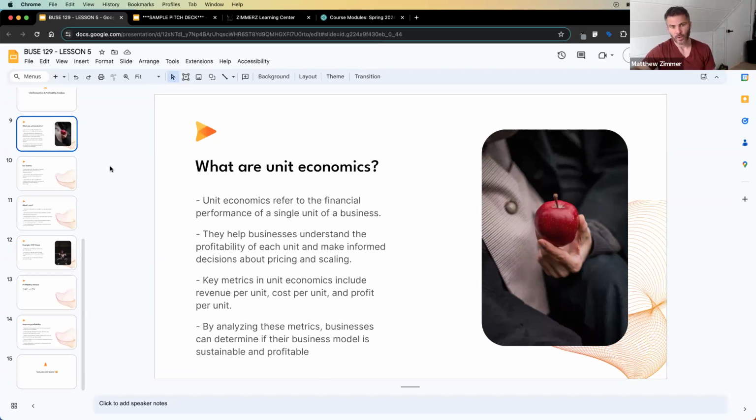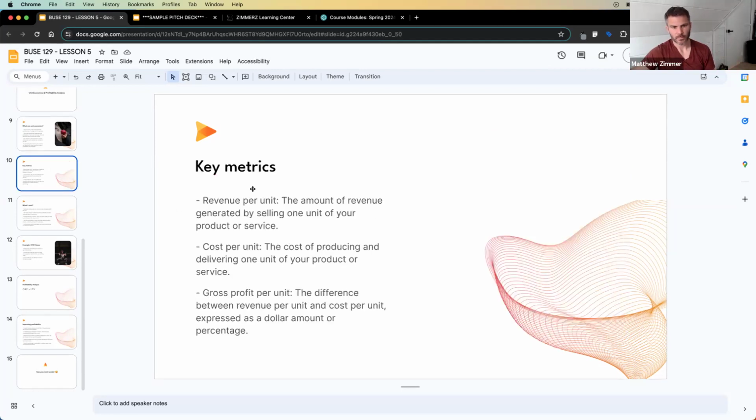So we want to understand the unit economics, which is the economics behind one unit of our product, whether that's a physical unit or a made up unit, like per month or something like that. Now we've got similar key metrics. We've got our revenue per unit, our costs per unit, and then our gross profit per unit, which is just our revenue minus our costs.